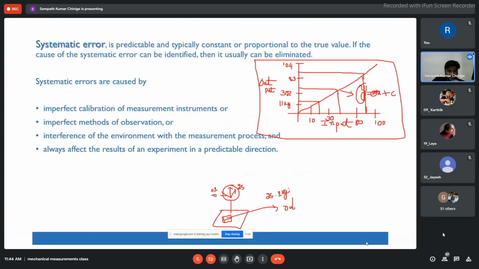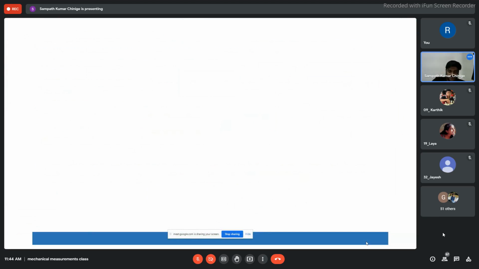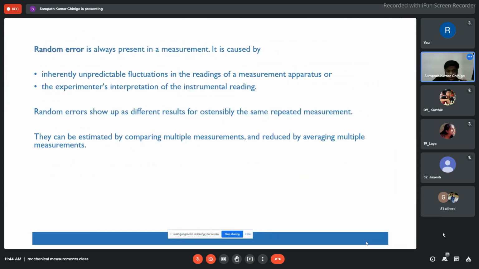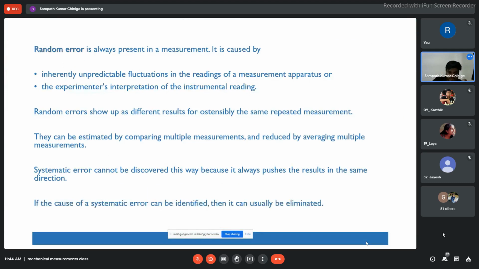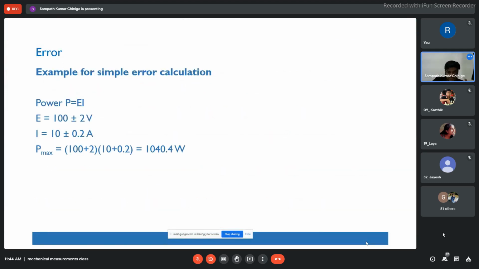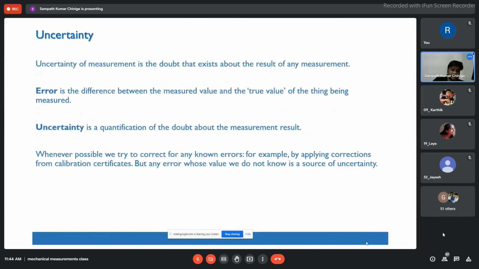This is what we have seen yesterday. So you are sure now that from a particular instrument, this is what I'm talking about, the gross error. It's not an accurate way of solving it. This we studied yesterday.